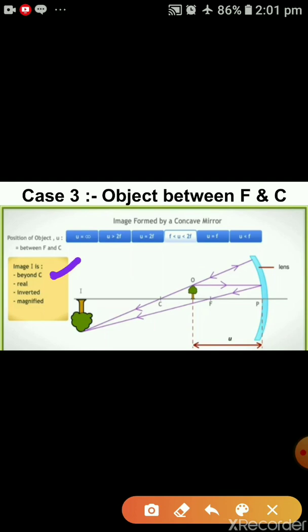Can you tell me how the image is looking? It is looking inverted. And because the rays are actually meeting, the nature will be real and inverted. As you compare the sizes, the image size will be larger. So we can write here the size is magnified. So this was our third case.